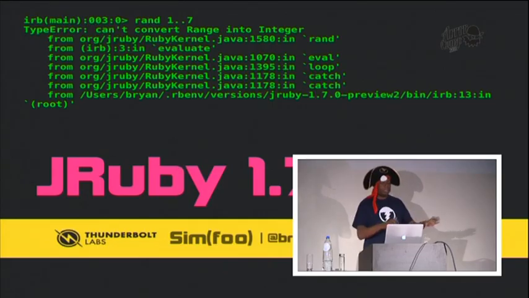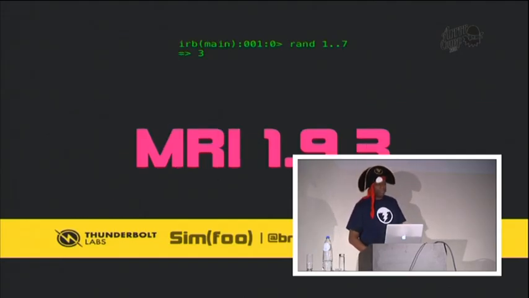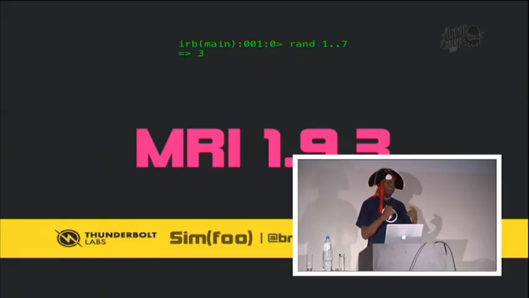He says, put it in our tracker. But if I put it in the tracker, then I feel like I have to push it through the tracker. Rand with a range does not work in JRuby. It just doesn't work, but it works in Ruby 1.9.3. There are always little incompatibilities that we found in JRuby.